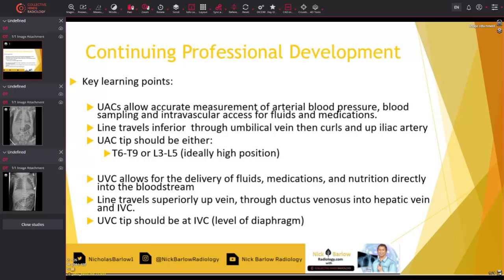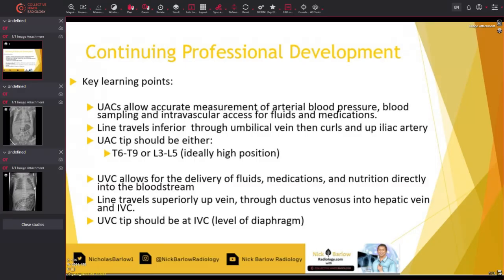They travel in a caudal direction and curl back on themselves in a cranial direction up the iliac artery into the aorta. Ideally, the tip should be in high position, T6 to T9/10, or at low position, L3 to L5. Anything between, from L3 to T10, is an unsafe position.